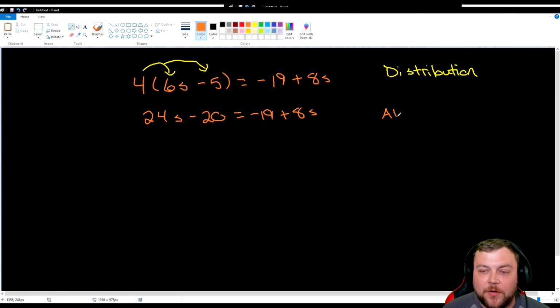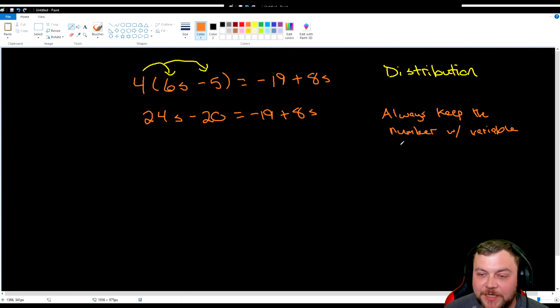Always, if you can, always keep the number with your variable positive. Okay? It'll save you some headaches later on. So how we're going to do that, we're actually going to move this plus 8s over to the left.